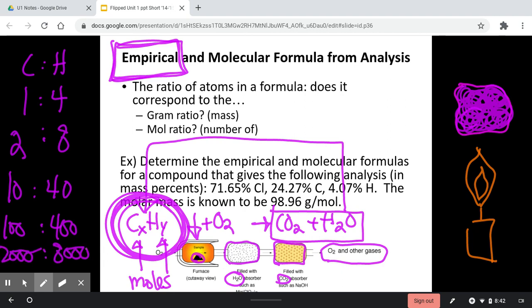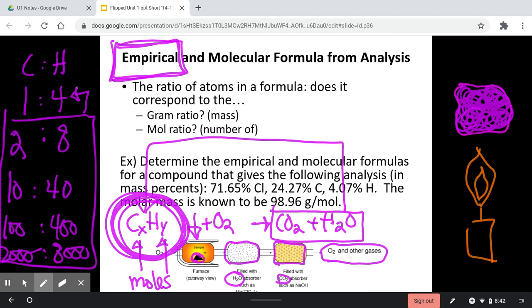This is the beautiful thing about a ratio: all of these possibilities, let's even say 100 to 400, or like 2,000 to 8,000, are going to simplify back to our one ratio that we are looking for in our empirical formula.